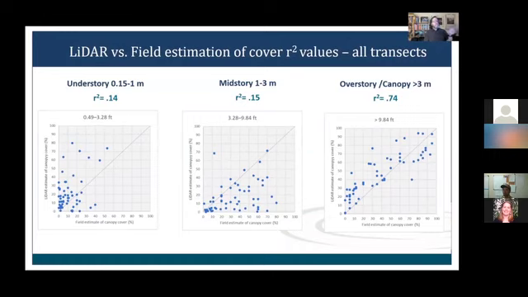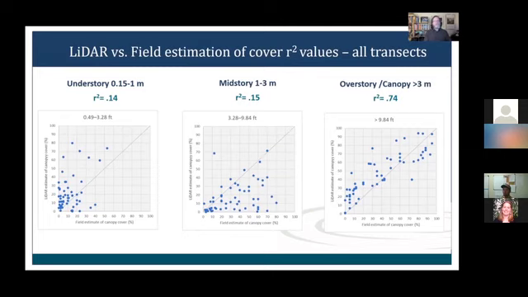For the understory layer, basically half a foot to 3.28 feet, or 0.15 to 1 meters, the LiDAR data tend to over-predict the amount of cover in this analysis. For the midstory layer, we also have a pretty low R-square, and you can see that the LiDAR is under-predicting the amount of midstory canopy.